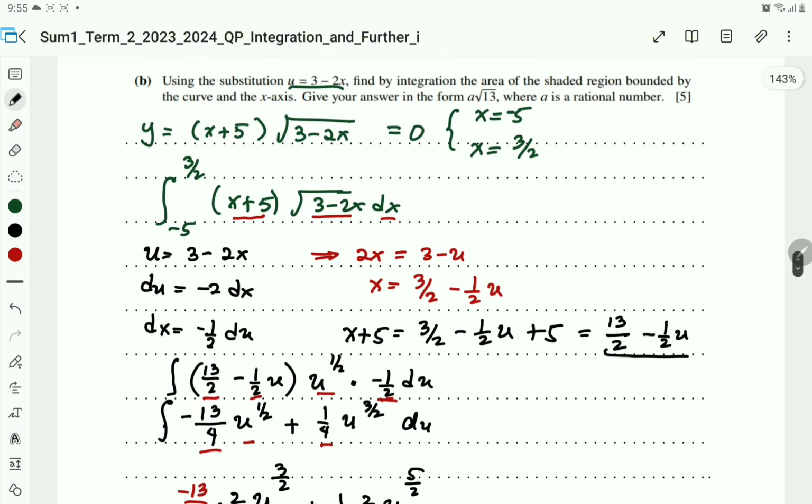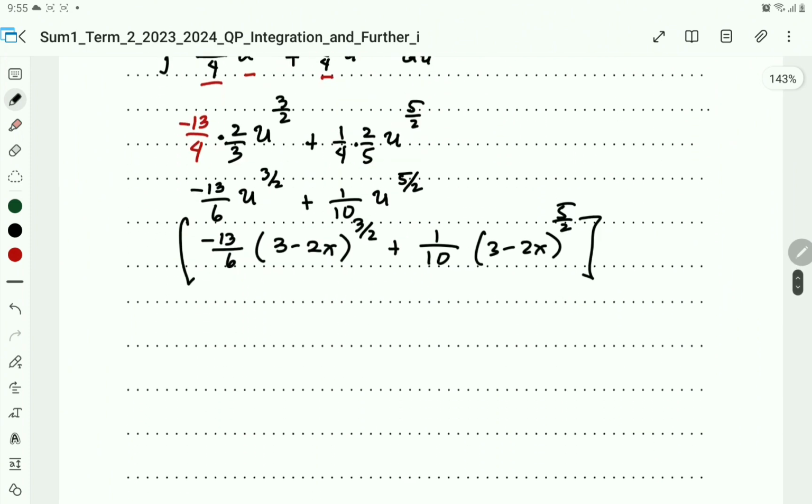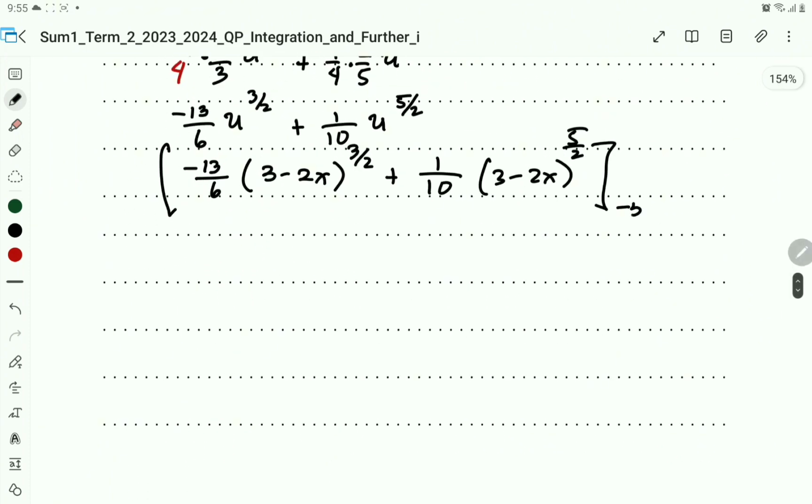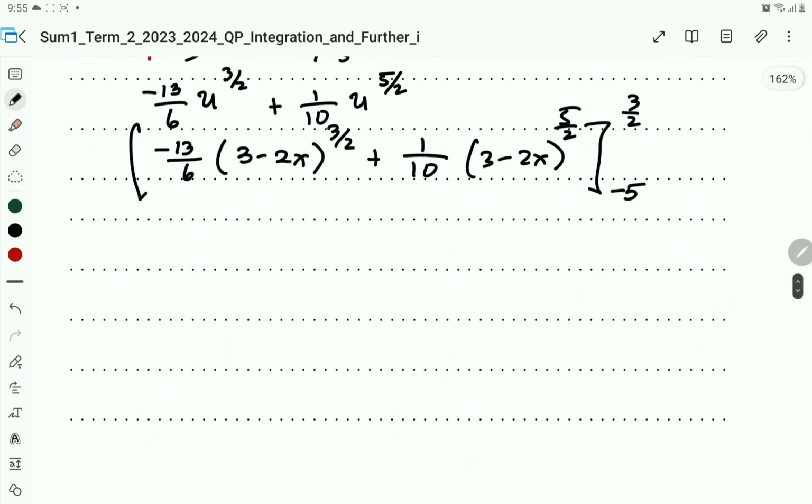Negative 5 to 3 over 2. Take a look. Now let's substitute this 3 over 2 here. So this becomes 0. So 0 plus this one here as well, 0.